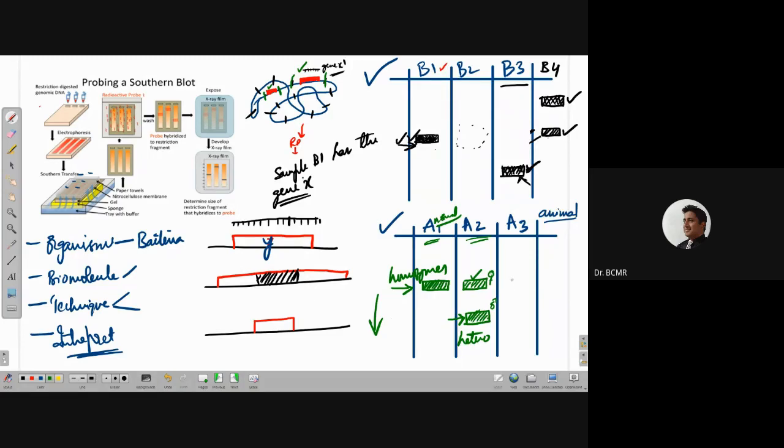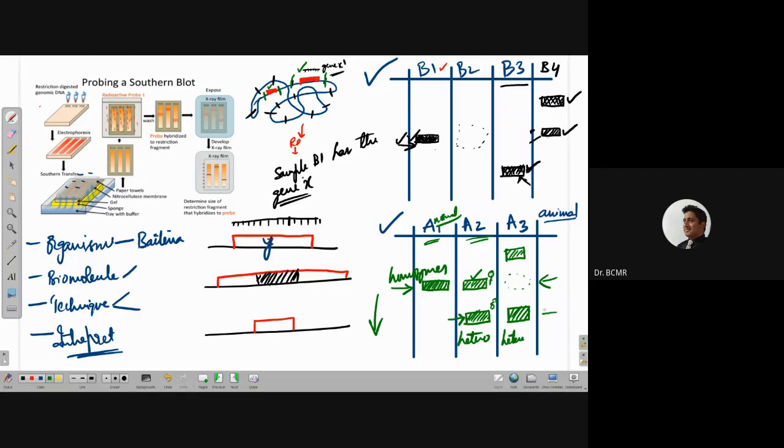And if I had a situation like A3, I'm going to add more complication to it. So I'm going to have something like this. What can you tell about A3? A3 does not have a normal allele at all. This is missing. It is heterozygous, and it has two abnormal alleles.